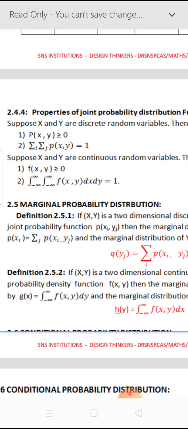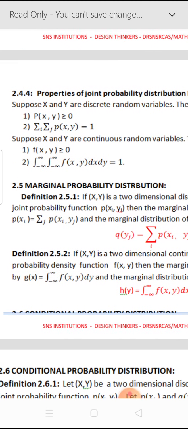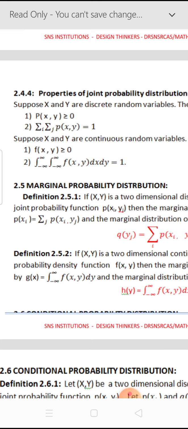Suppose X and Y are continuous random variables, then the joint probability density function f(x, y) must be greater than or equal to 0, and the integral from minus infinity to plus infinity, integral from minus infinity to plus infinity, of f(x, y) dx dy equals 1.